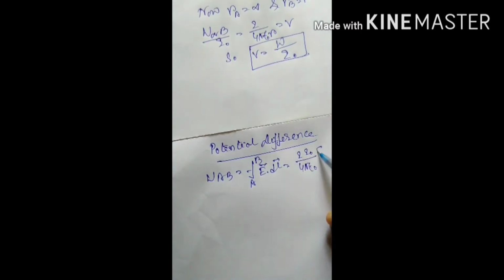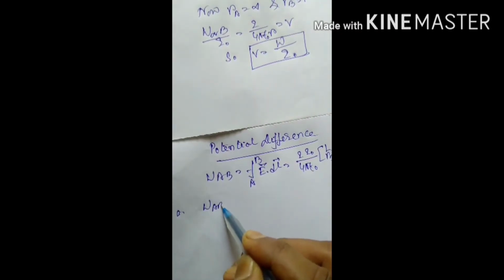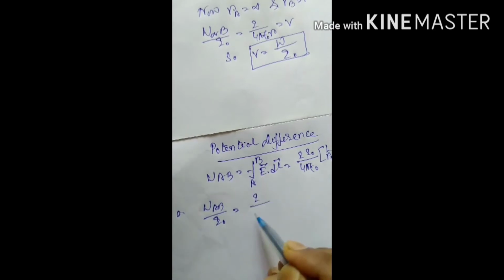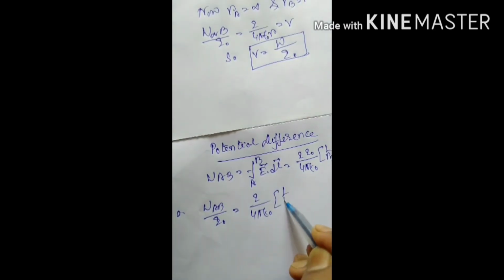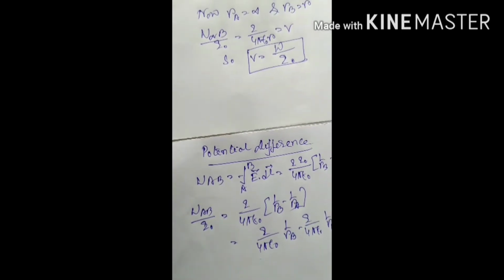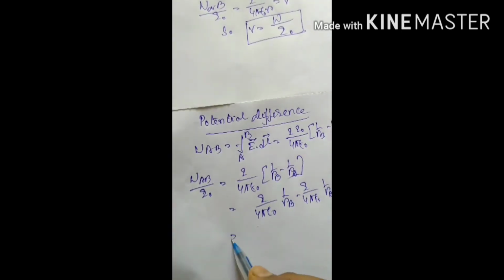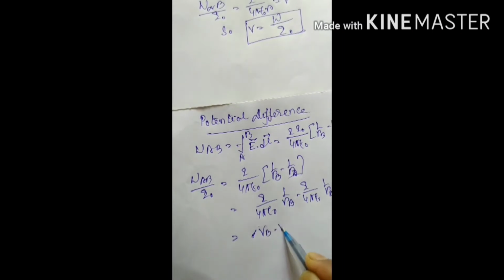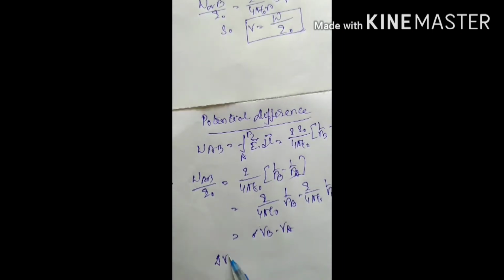Multiplying, we have Q by 4 pi epsilon naught R_B minus Q by 4 pi epsilon naught R_A. So delta V is equal to V_B minus V_A. Electric potential and potential difference are scalar quantities, and electric potential at infinity is 0.